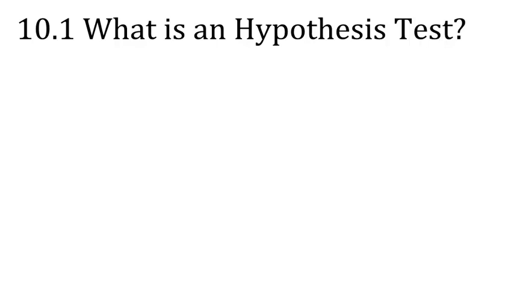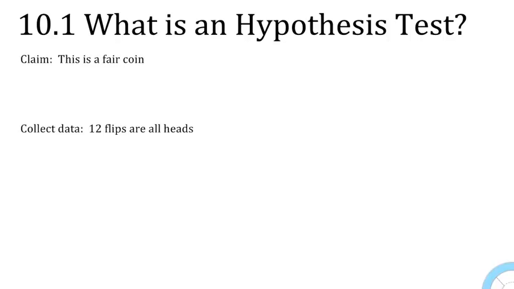Hi all, this will be my first video from section 10.1, and the first thing I want to make clear is that we all know what a hypothesis test is. Now the example I gave in class: suppose a friend says he has a coin that's a fair coin and you want to test that claim. So this is your friend's claim.